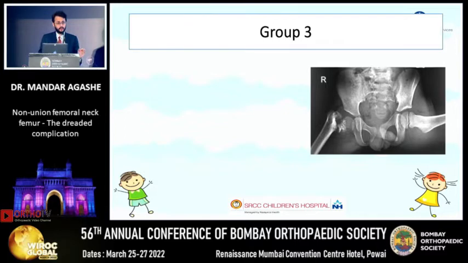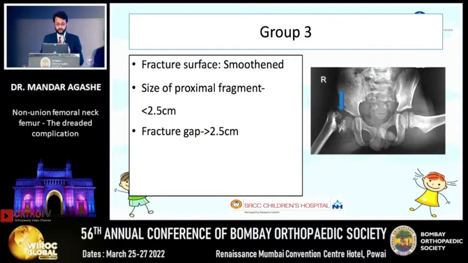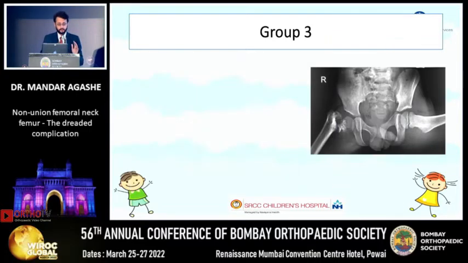A group 3 is the worst one. You have a fracture surface which is absolutely smoothened like this. The size of the proximal segment decreases, it's less than 2.5 centimeters. The fracture gap has now increased to more than 2.5 centimeters and there may be some signs of avascularity. These are the really, really ugly ones.